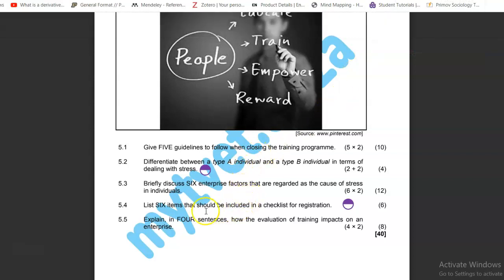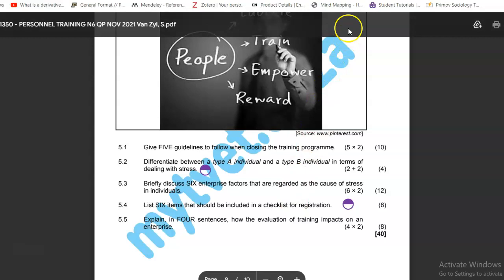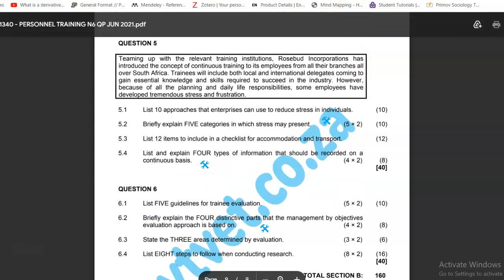Look at question 5.4. It says list 6 items that should be included in the checklist for registration. We're still coming to registration, but you see particularly how they ask this sort of question. Let's see the second one. There it is, 5.3.